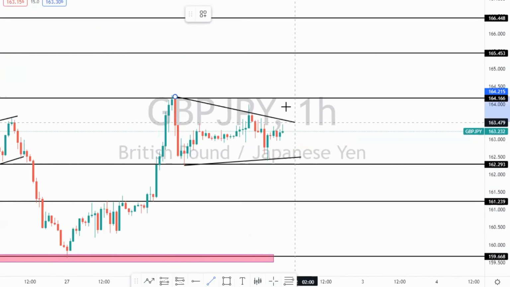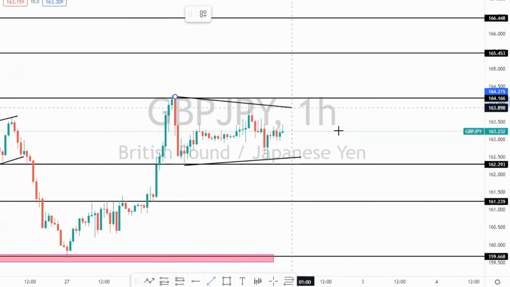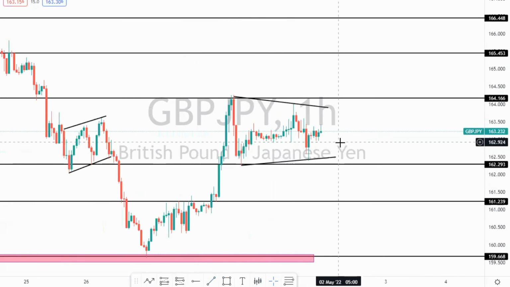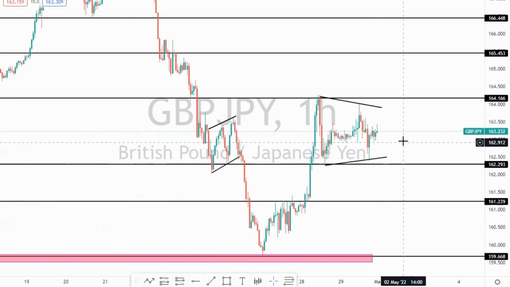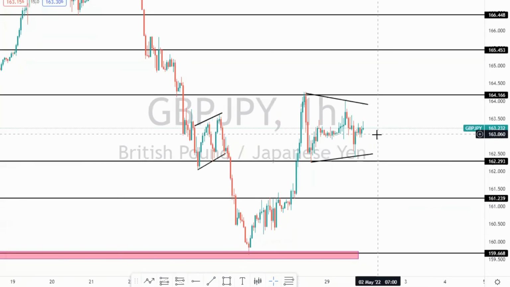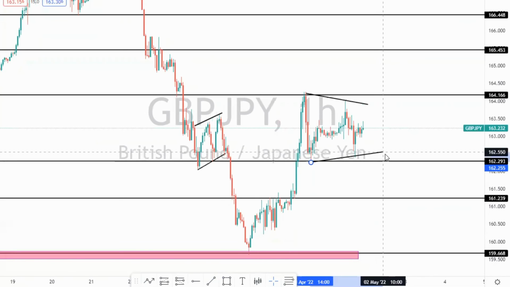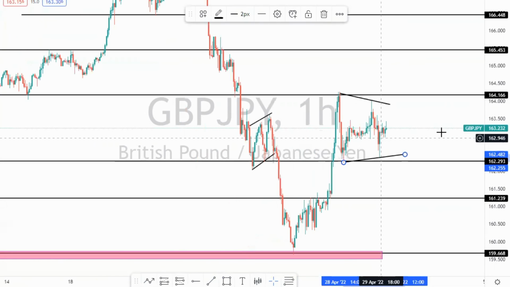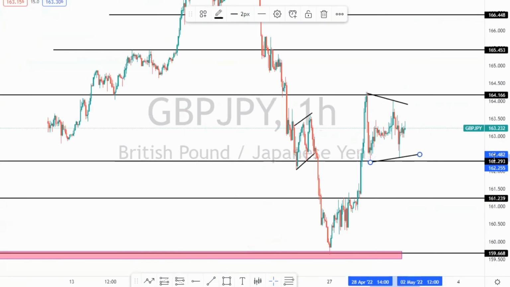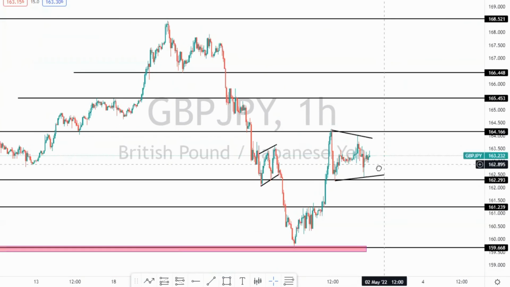I have a first and a second touch. So my touches are actually equal, right? So this is actually looking like a symmetrical triangle, but it will be valid once we have a third touch, right? Could be the support, the resistance, because we need a strong, significant level.